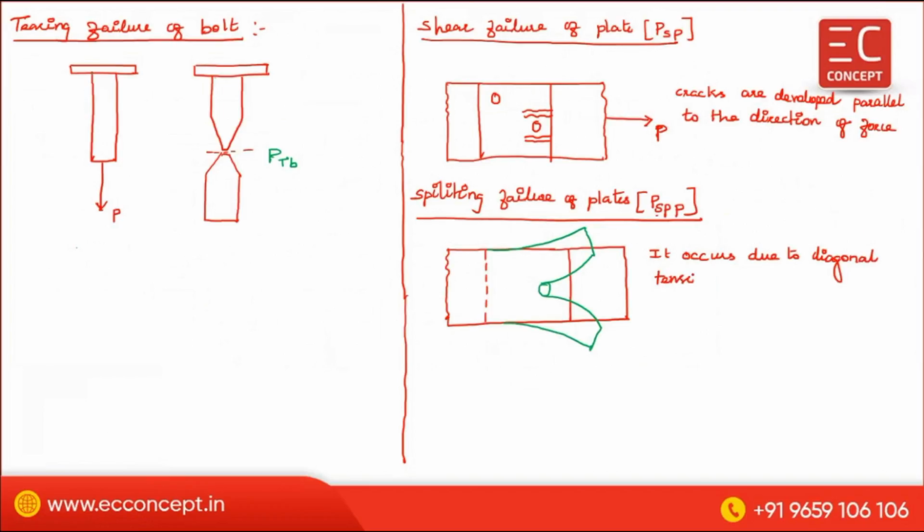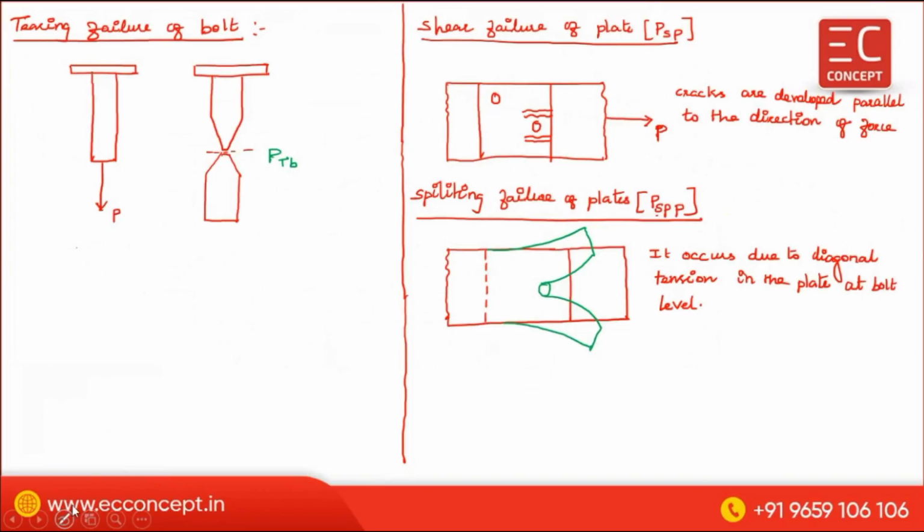It occurs due to diagonal tension in the plate at the bolt level. If there is excessive diagonal tension, then a failure happens, that is a splitting failure of plate.